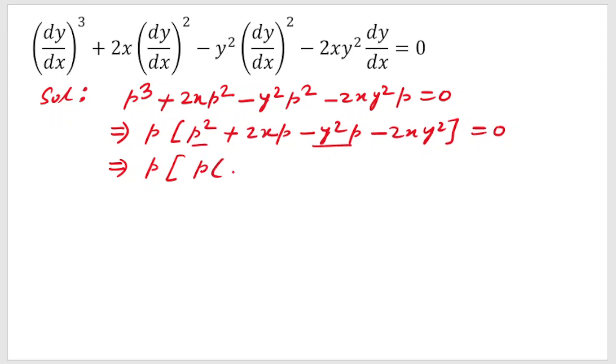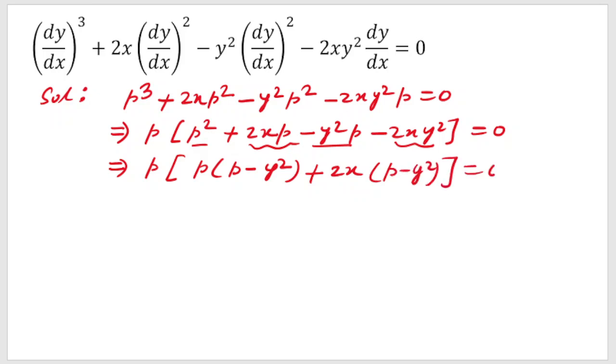If I take p common from these two, I get p - y², and from the other two I can take 2x common, so I get p - y². So it will be p(p - y²)(p + 2x) = 0.